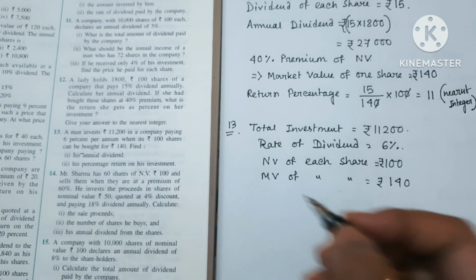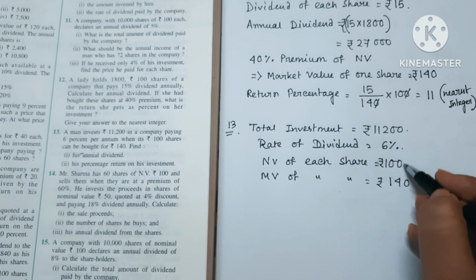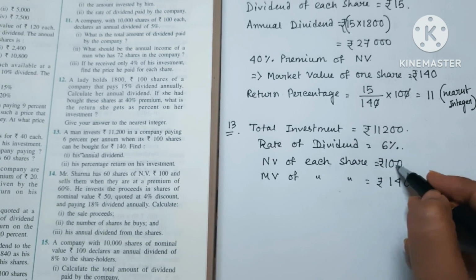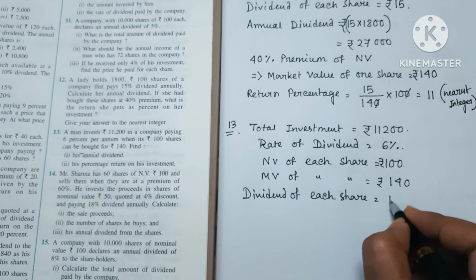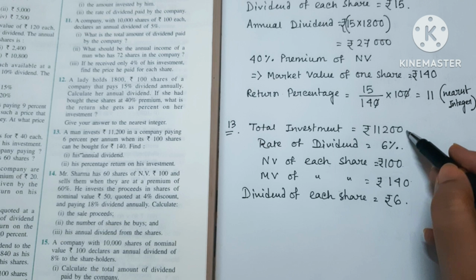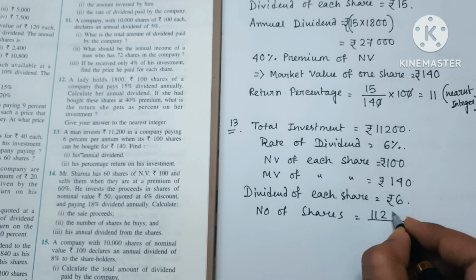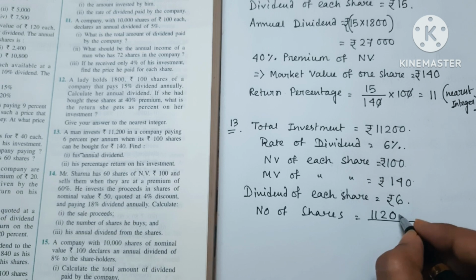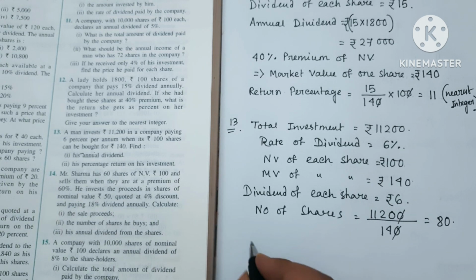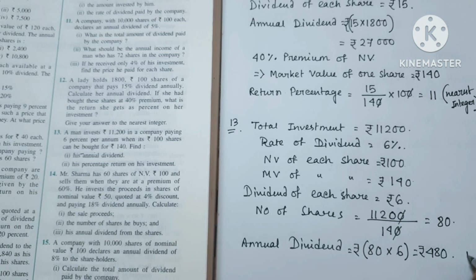From these two statements we can write that the dividend of each share is rupees 6. Now the number of shares is 11200 by 140. The annual dividend is the answer of question I.